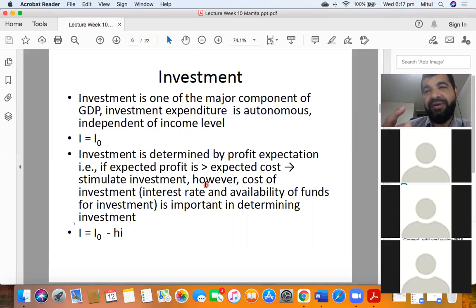Any of you who have done accounting in your previous classes or any other accounting course know there is one section called the cash flow statement. In the cash flow statement, one of them is called the net cash flow from investing activities. Remember what we do in there?